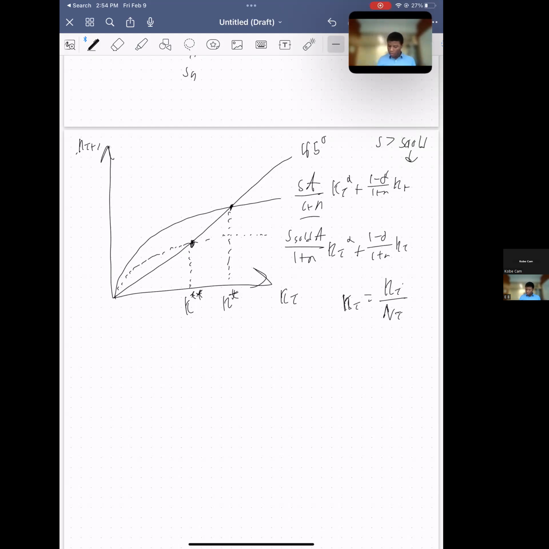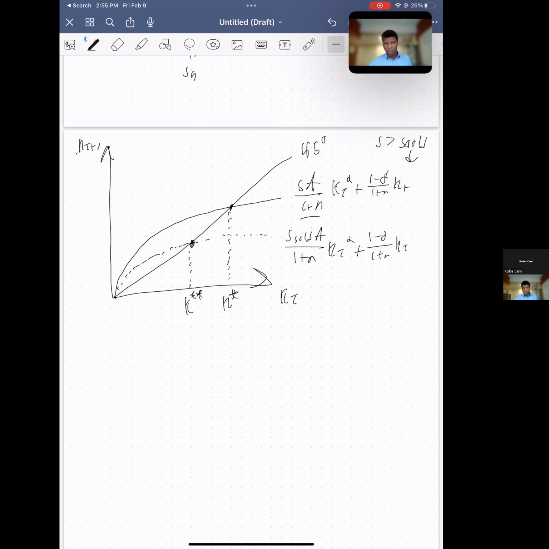Because the capital share didn't jump at this particular time, and also people didn't jump at this particular time. So nothing jumps, it's just a smooth ride down, right?